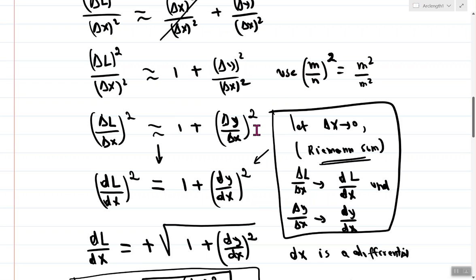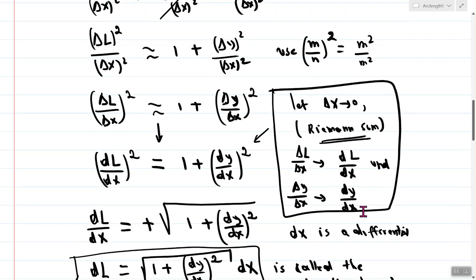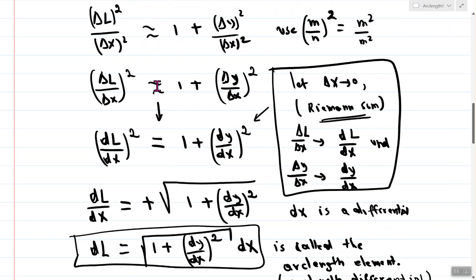But then we go back to all of these. When we're using delta, we're thinking of a Riemann sum. By Riemann sum, when you let delta X go to 0, delta L over delta X becomes dL over dx, where d stands for derivative, and delta Y over delta X becomes dy over dx. And the estimation becomes an equal sign.